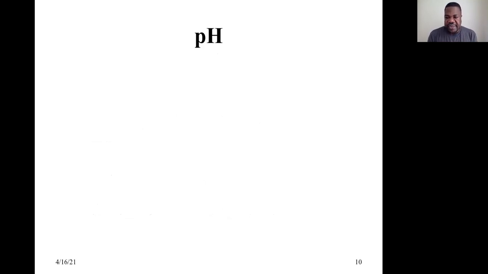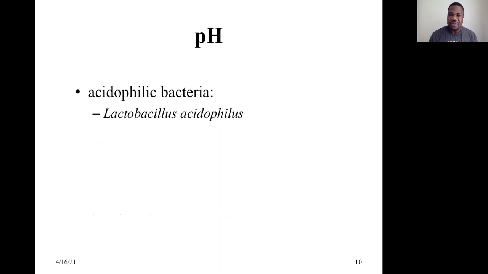Besides nutrients, pH also plays a major role in bacterial replication. We have bacteria that are called acidophilic bacteria. An example is Lactobacillus acidophilus, found in the vagina of women.